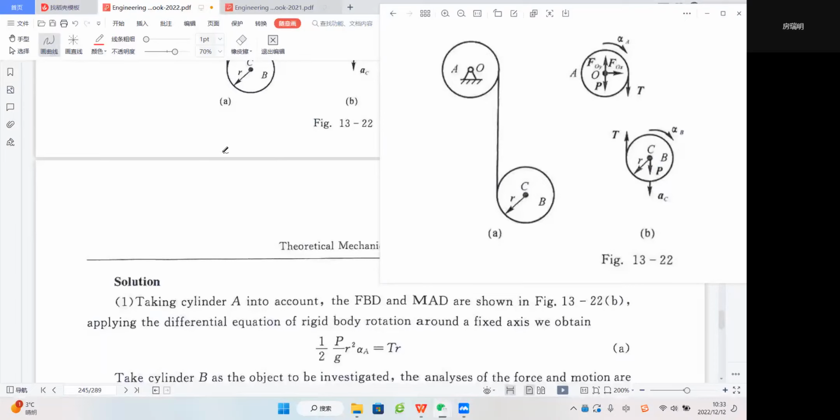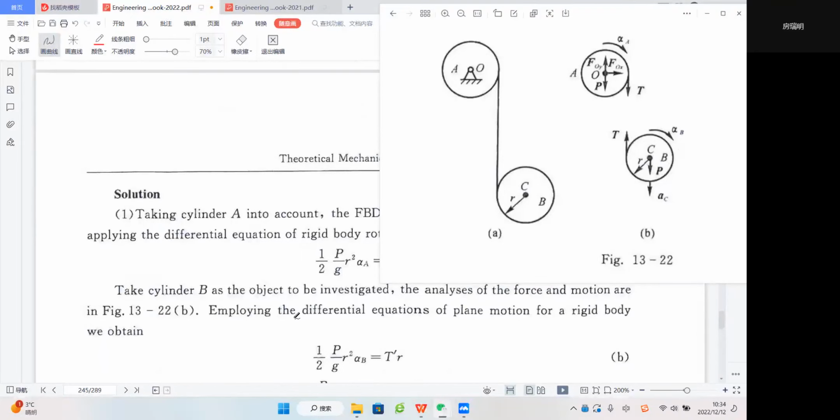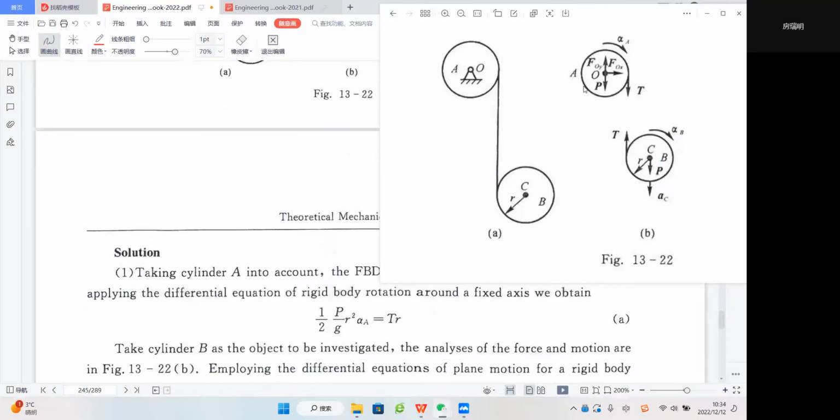After we give these two cylinders their MBD and FBD, we can write the equations respectively. For this one, we will just use the principle of angular momentum. That is dLO/dt equals sigma MO(F), right?